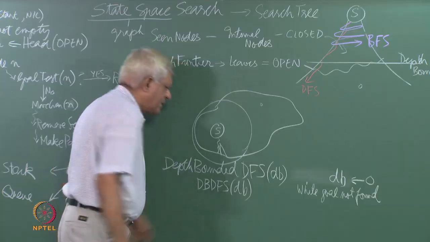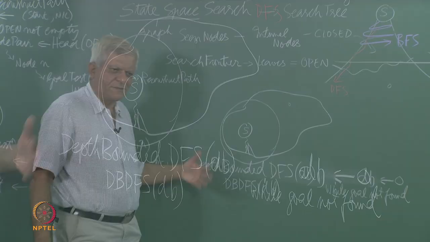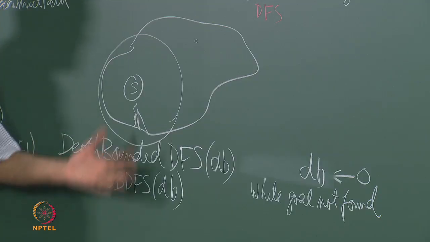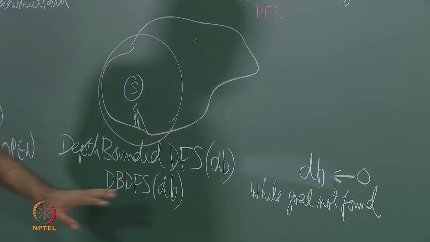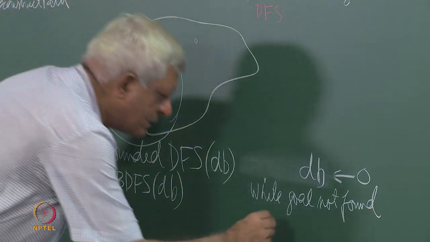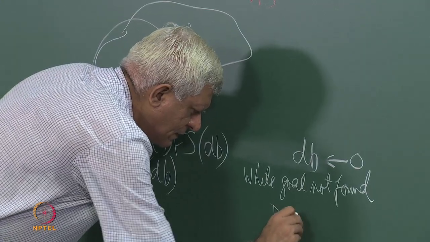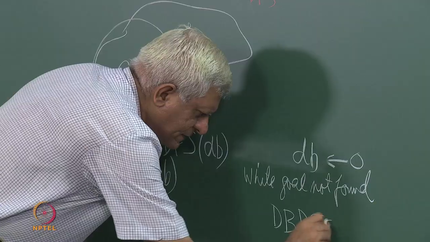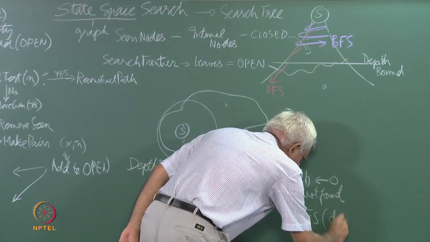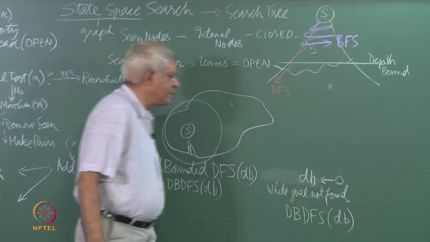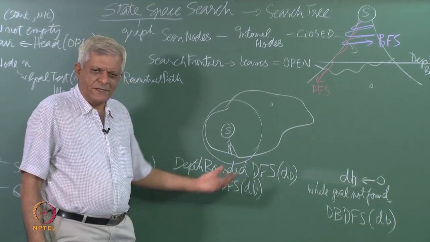It takes an argument, of course, it takes a start node and everything, but that we will assume is hidden or global or whatever. So, while the goal not found, do depth bound depth first search with the bound DB.